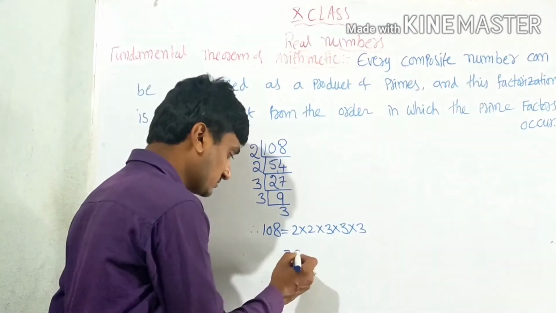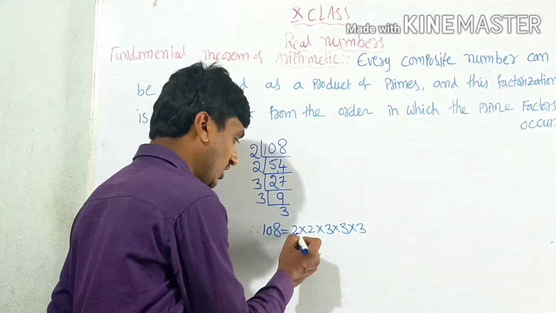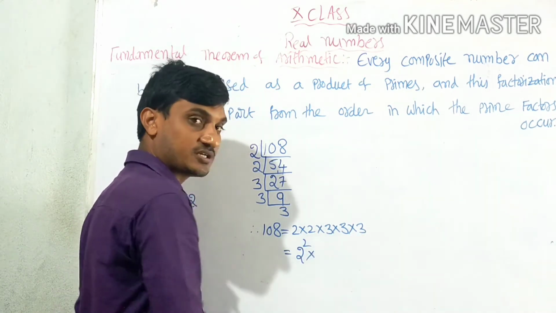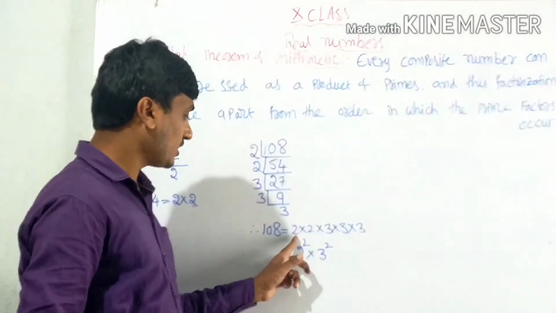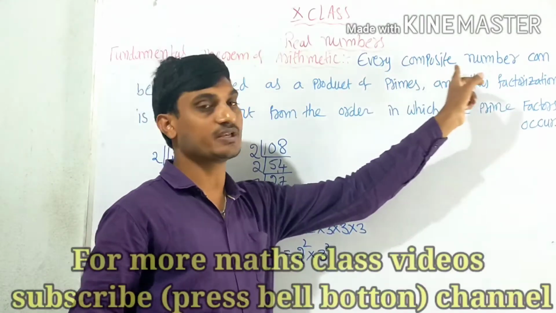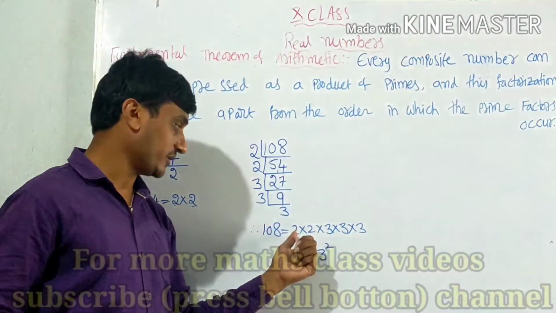Okay? I am simply writing this one only. How many 2s are there? 2 2s are there, into how many 3s? 3 3s are there. So these are all a product of primes. 108 is a composite number. You take any composite number, it can be expressed as a product of primes.